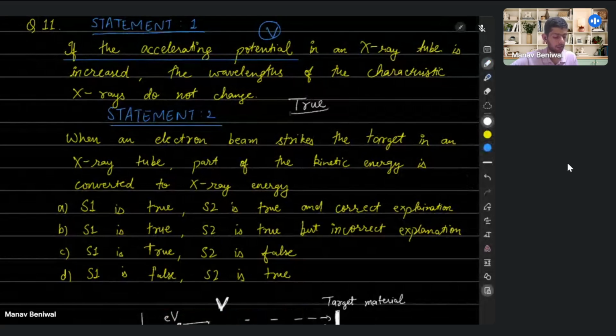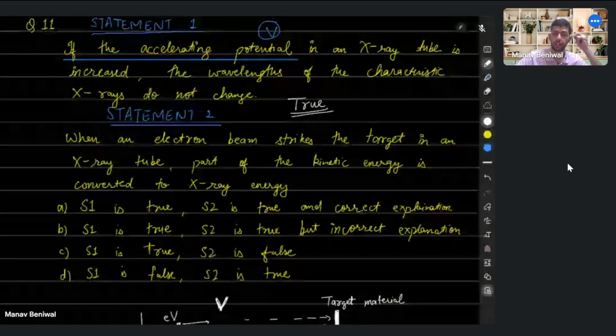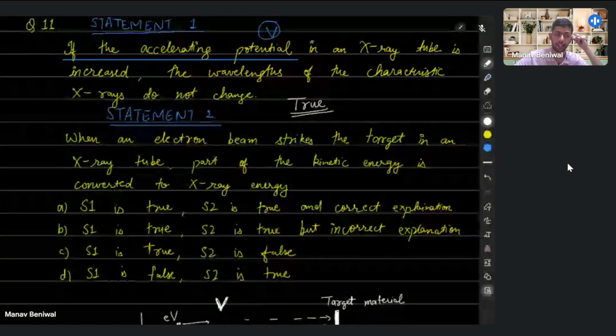This statement is true because we have already shown that it does not depend on V. We can say that wavelengths of characteristic X-rays are characteristic of the target material since they depend only on the energy levels of the atoms in the target material. Therefore, their wavelengths do not change when the accelerating voltage is increased. So, statement 1 is true.